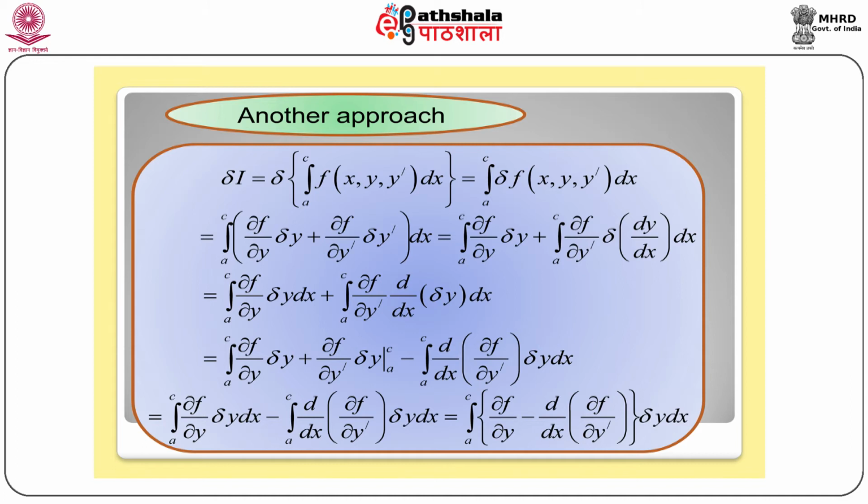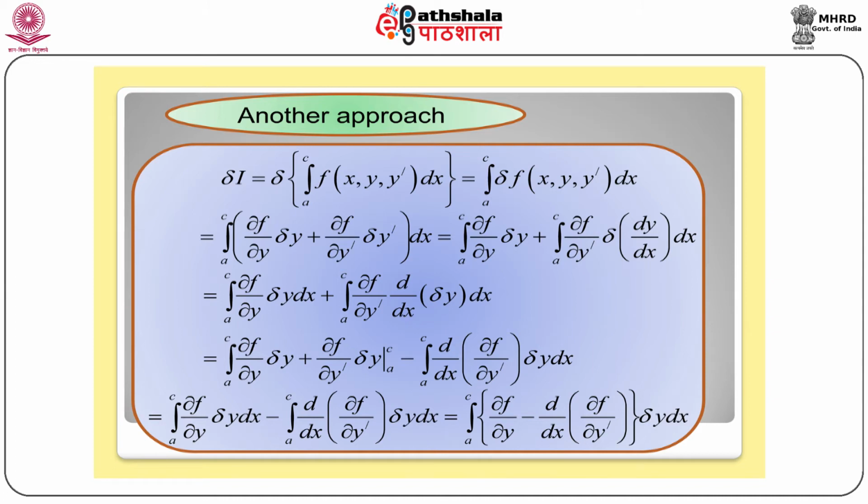If we take the variation of the functional I, we get delta I. Delta I is equal to delta integration over A to C f of x, y, y dash into dx. This is the I. We have just substituted the value of I. Taking the delta operation under the integral sign, which is permissible, we get this one.